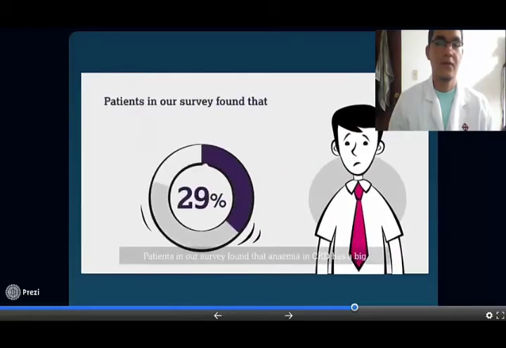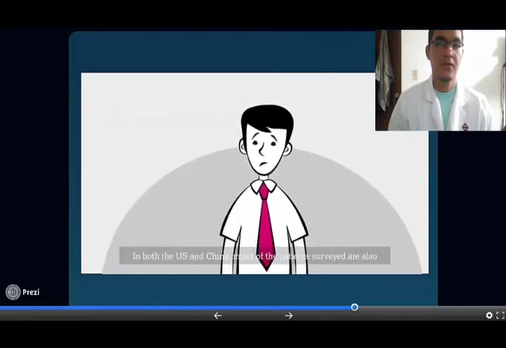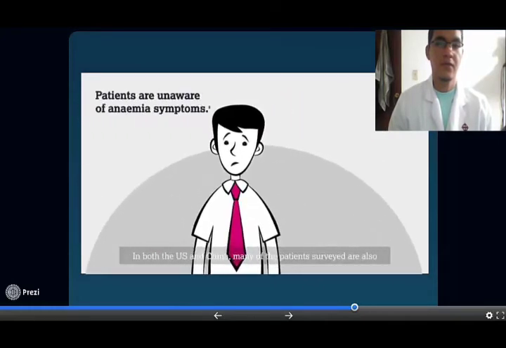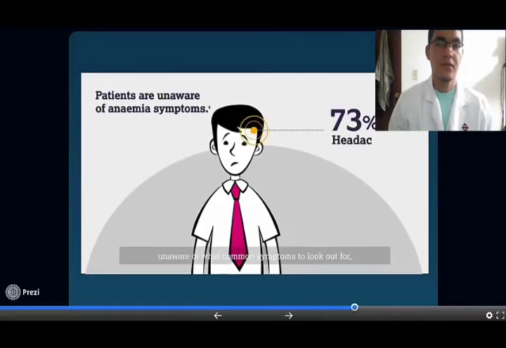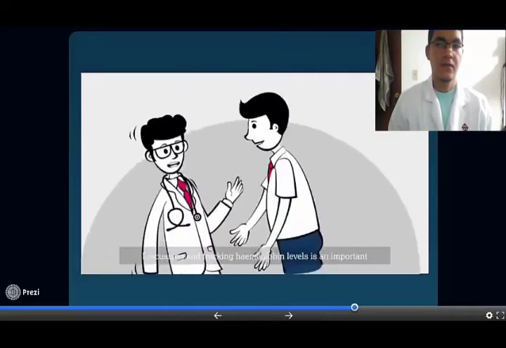Patients in our survey found that anemia in CKD has a big impact on daily life for patients, including feelings of sadness. In both the U.S. and China, many of the patients surveyed are also unaware of what common symptoms to look out for, including headaches and difficulty breathing.